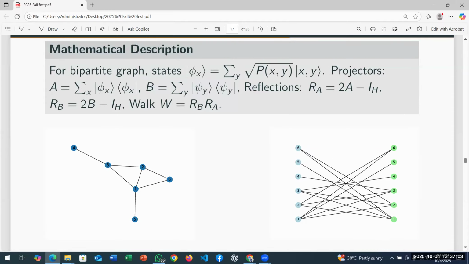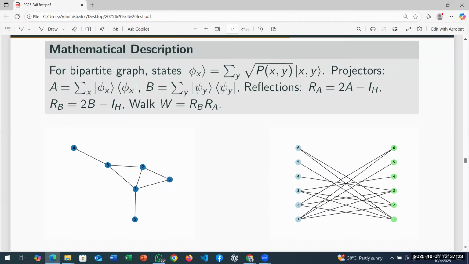It says that you need to find the probability. Then I will explain what X and Y are later on. This light blue node is representing X. This green node is representing Y.